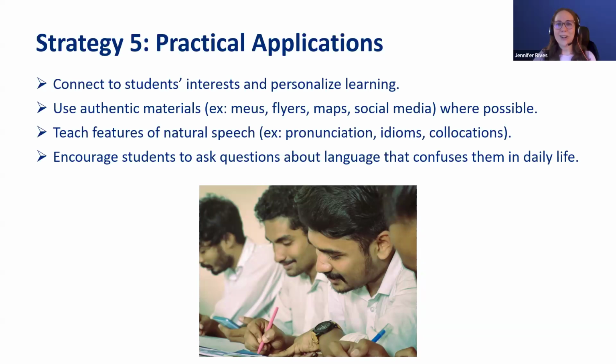And they also liked when I taught them collocations, which are combinations of words that commonly occur together and sound wrong if separated or replaced by other words, such as do homework, right? We always say do homework, and it sounds strange if you say make homework.